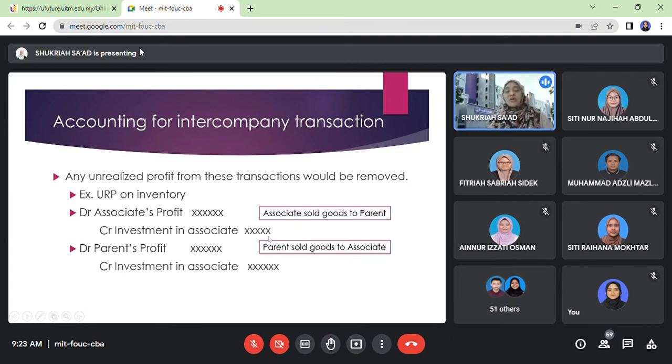The good thing is that both sales, whether the associate sold goods or the parent sold goods, are only credited to investment in associate.